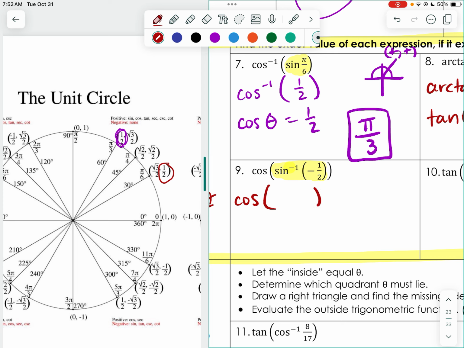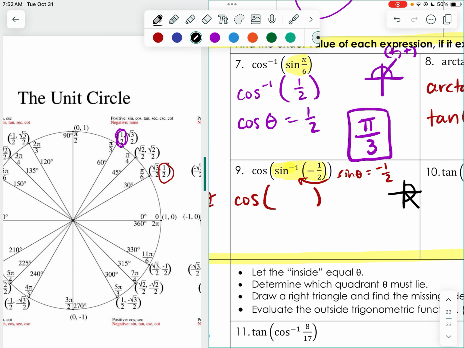So that's saying the inside part is what angle has a sine value of negative 1/2. So right away we're doing the inverse on this one. So sine can only be in those right 2 quadrants, whereas a y value negative, that would have to be in the 4th quadrant. And where is it negative 1/2?